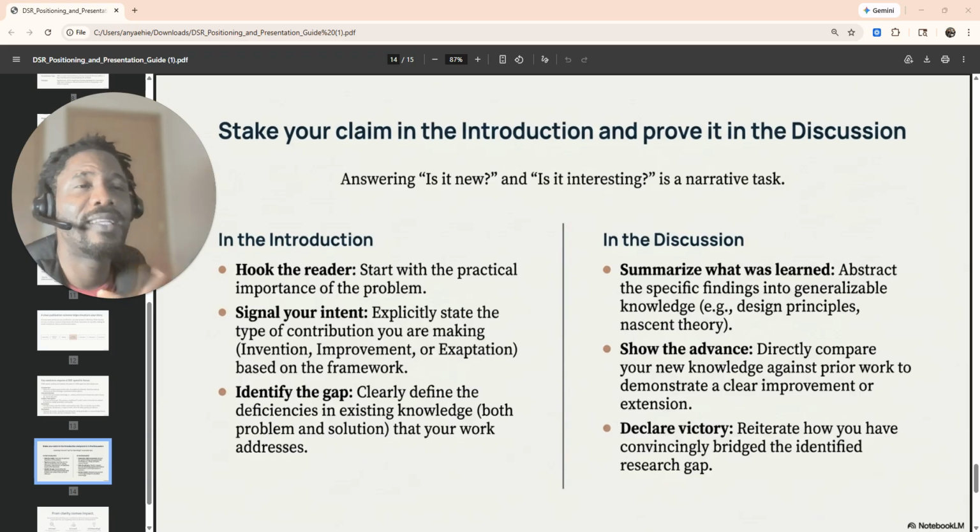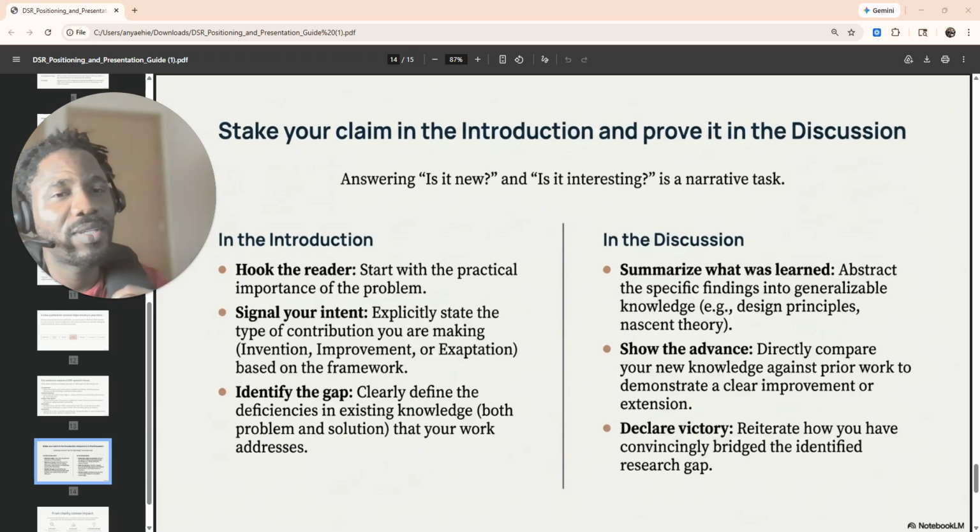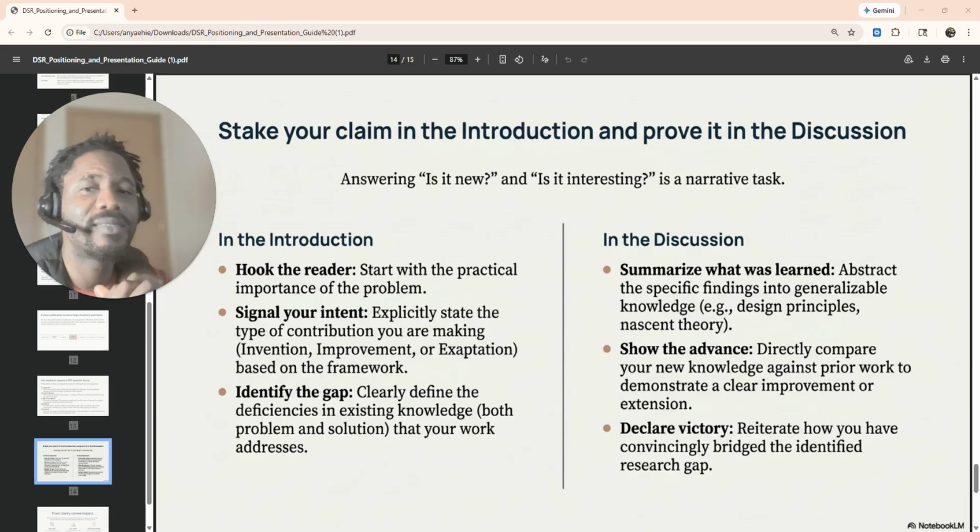Then the discussion, the clear victory, summarizes what was learned and abstracts it into the design principles. Don't just say we built this.